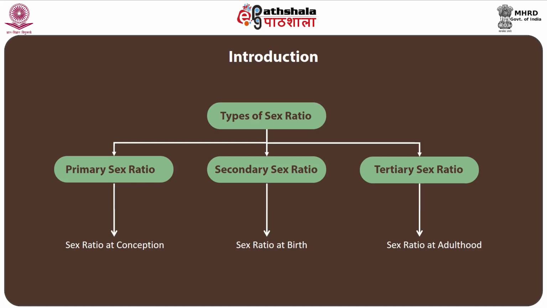It is important to note that at the time of conception, many more males are conceived compared to females, meaning from the conception onwards, the chances of survival for the males are much lower than for the female conception.